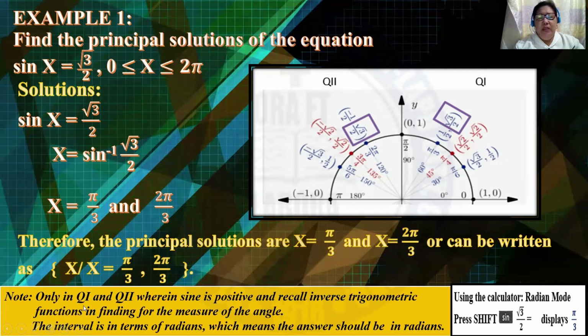Again, only in quadrant 1 and quadrant 2 is sine positive. And we have to use inverse trigonometric functions in finding the measure of the angle. If the given interval is in terms of radians, then your answer should also be in radians.